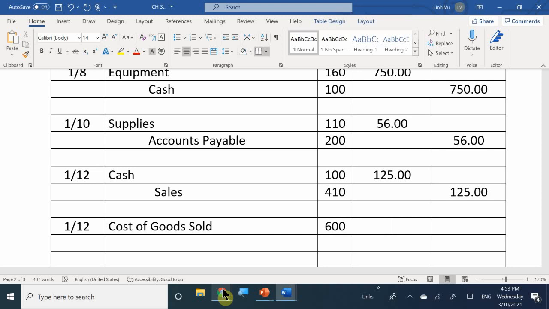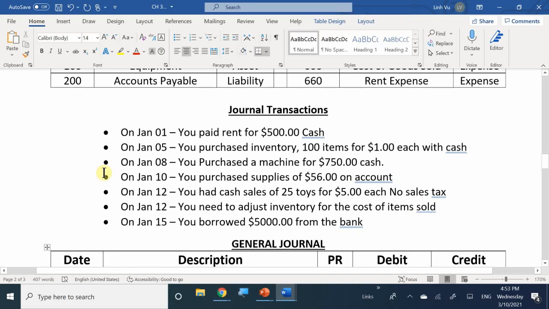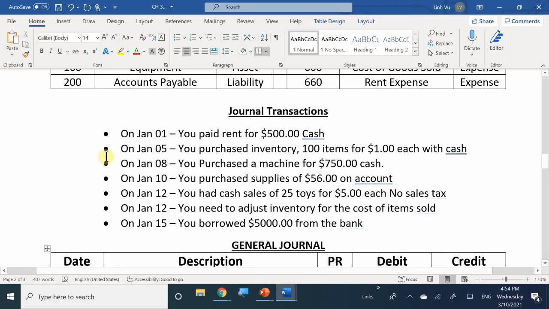So you will rarely see any expenses that have a credit balance unless it's a contra account. In this case, it's a main account. And let me see. If I sold 25 items, how much did it originally cost me?